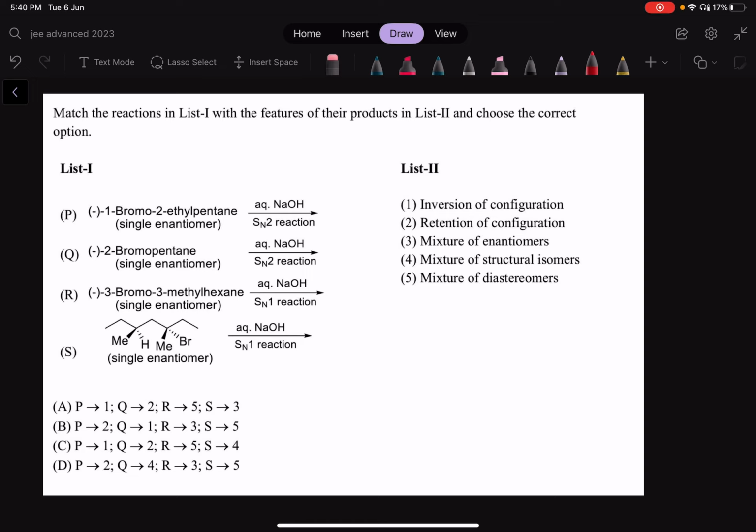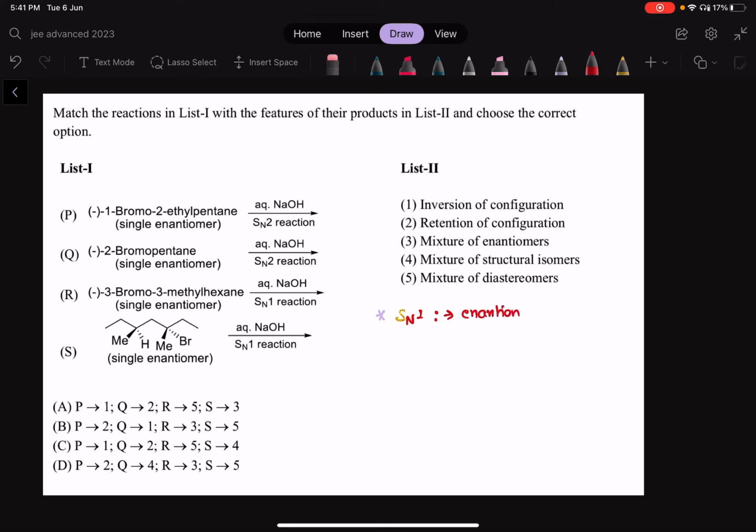Okay, and we know the basic concept of the SN1 and SN2 reactions. As far as the SN1 reaction is concerned, a racemic mixture, a pair of enantiomers, will be formed at the carbon where the substitution reaction takes place.